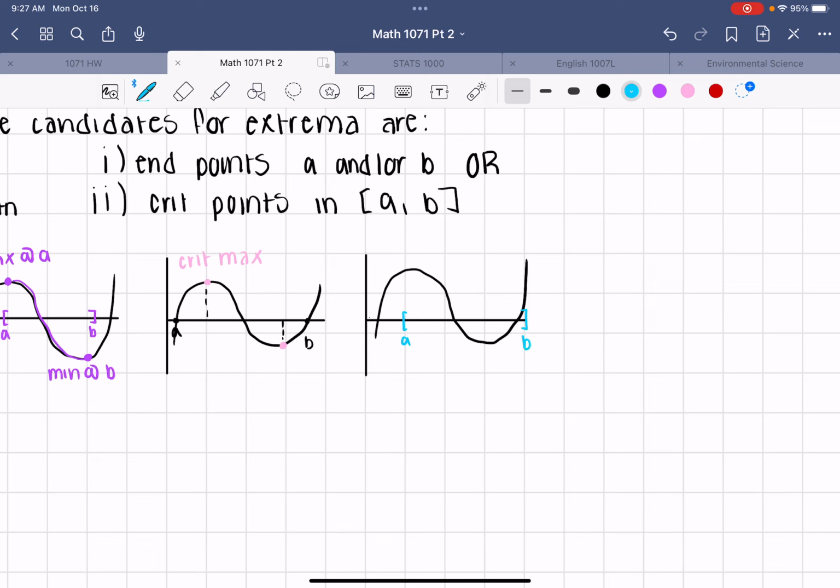So let's take a look at some of these. Number 11. Locate the extrema.